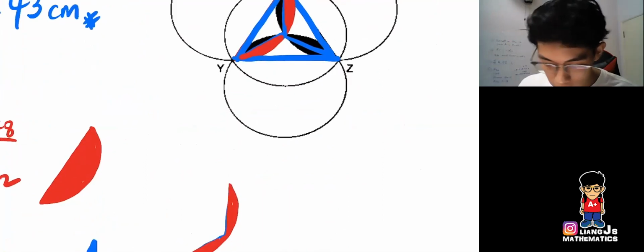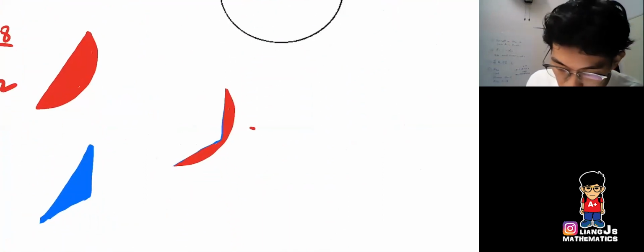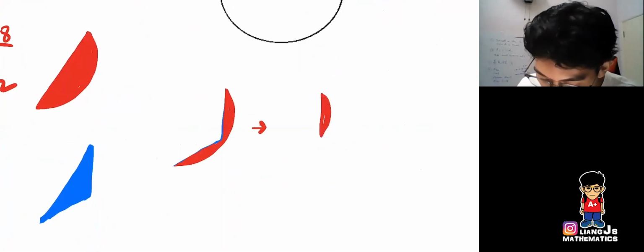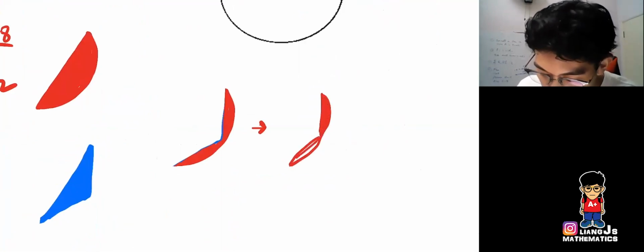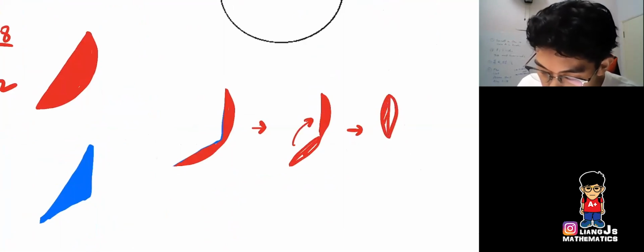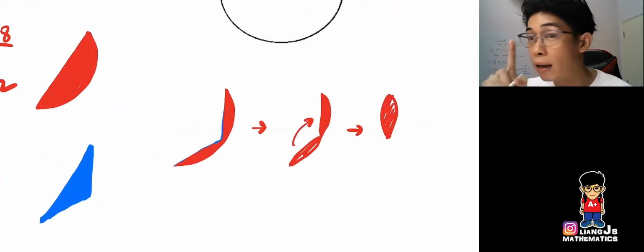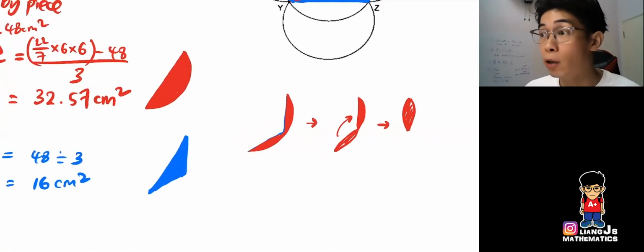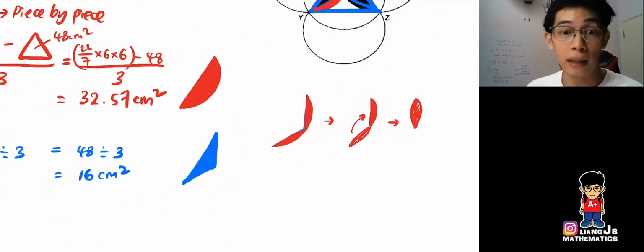So you see, if I combine one part with the bottom part over here just now, it becomes one leaf. And that will be one piece of leaf. And then you times 3, you will be getting your answer.